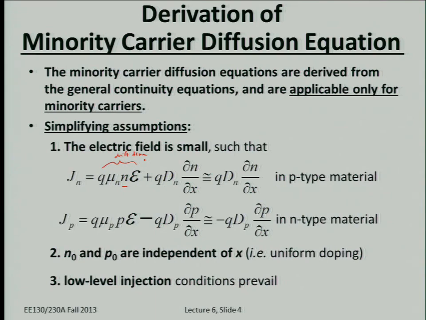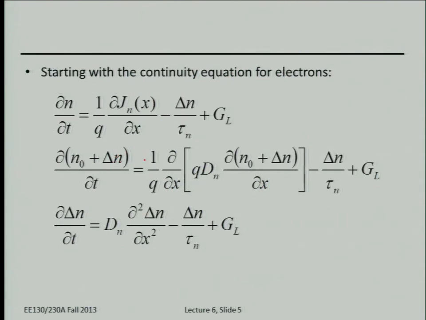The definition of low-level injection is that the majority carrier concentration doesn't change much. Only the minority carrier concentration changes significantly. The reason is that the minority carrier concentration normally is so small that a small perturbation can make a big difference. Majority carrier concentration is huge, typically much larger, so it's harder to disturb.